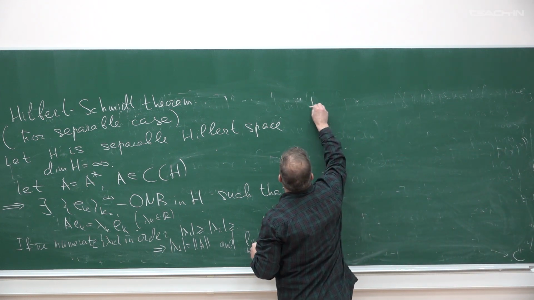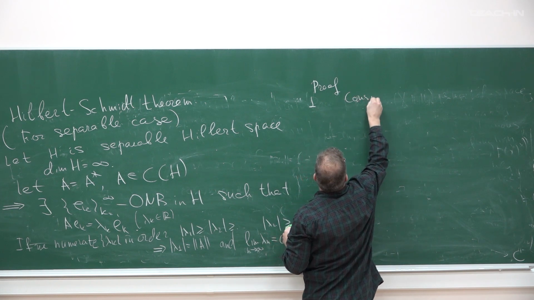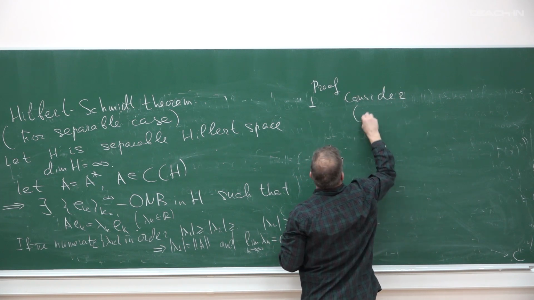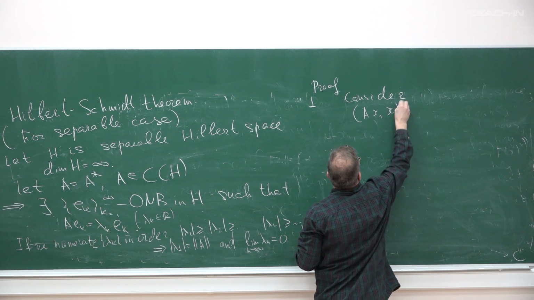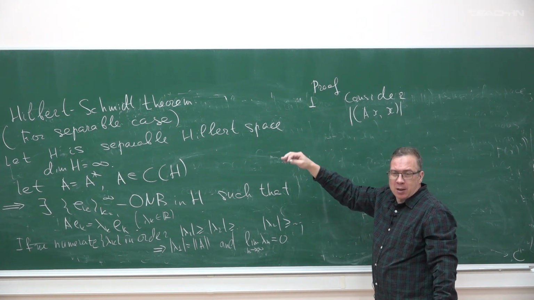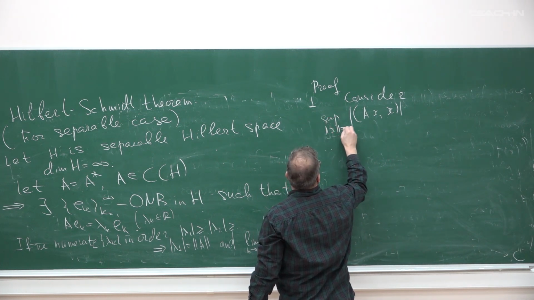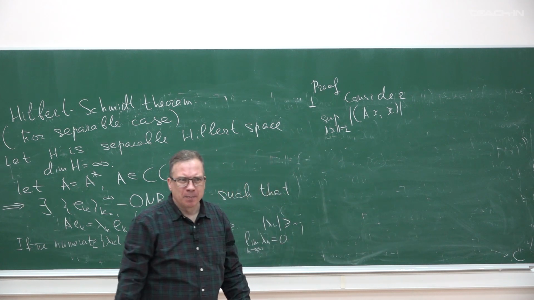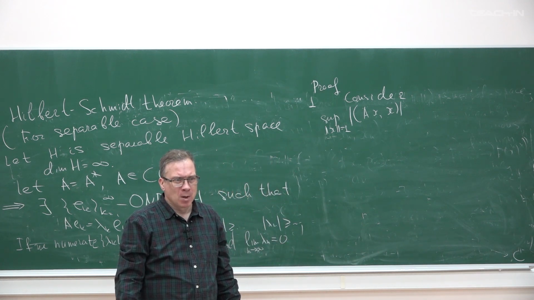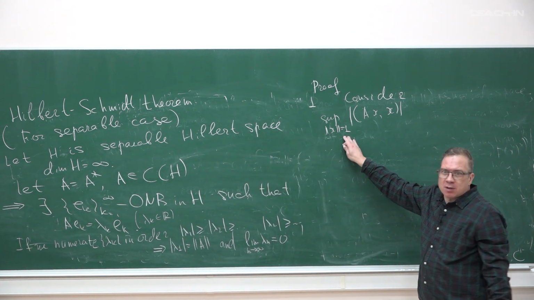First, the proof. Consider the quadratic form of the operator and consider the supremum on the sphere. We know the unit sphere is weakly compact.